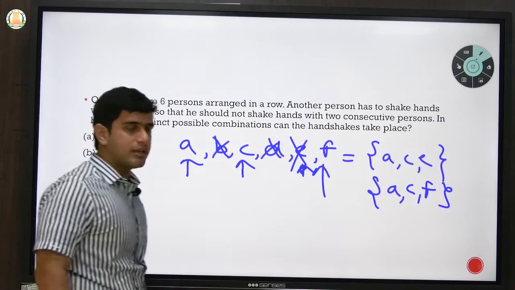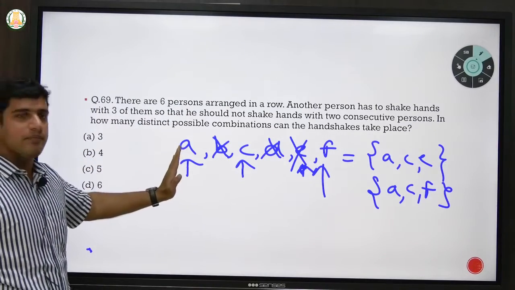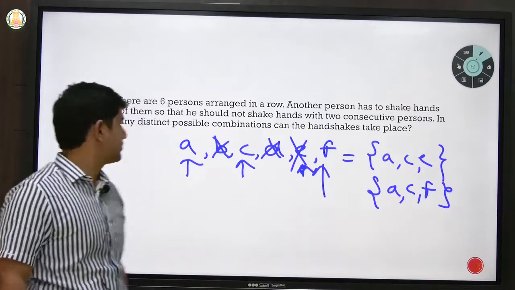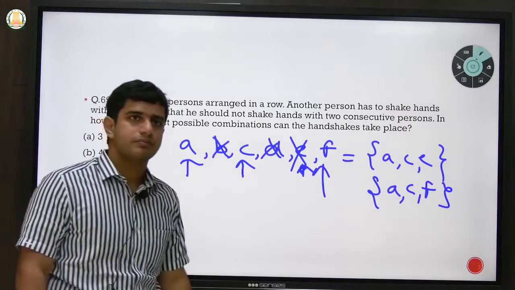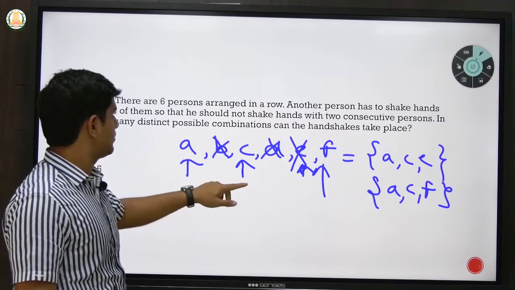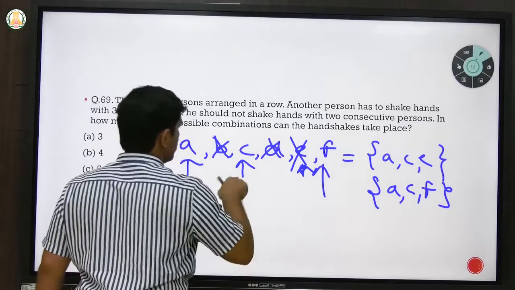So if we start with A and C, we get only two possible combinations, which are ACE and ACF. Then ADF also works.